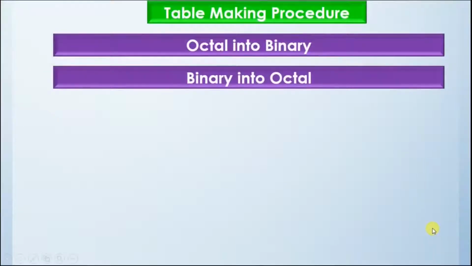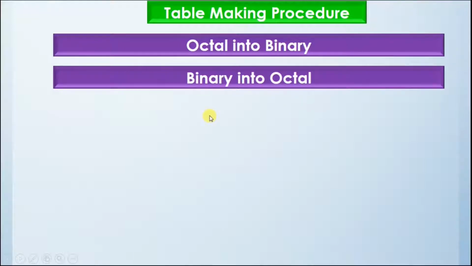So before starting conversions, we have to do one thing, that is making a table. Always remember that when we are going to convert a number from octal to binary or from binary to octal, we will make the table. Once the table is made, then it becomes easy to make conversions.